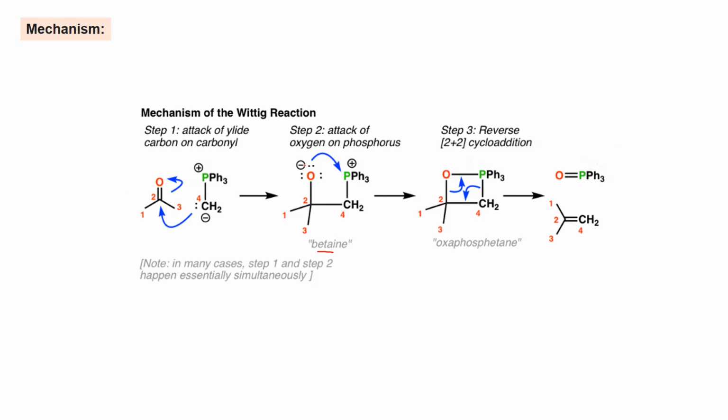In the next step, this O minus again attacks the phosphorus vacant d orbital. Phosphorus takes up the electron from the oxygen into its vacant d orbital, and by this it forms this oxaphosphetane intermediate.